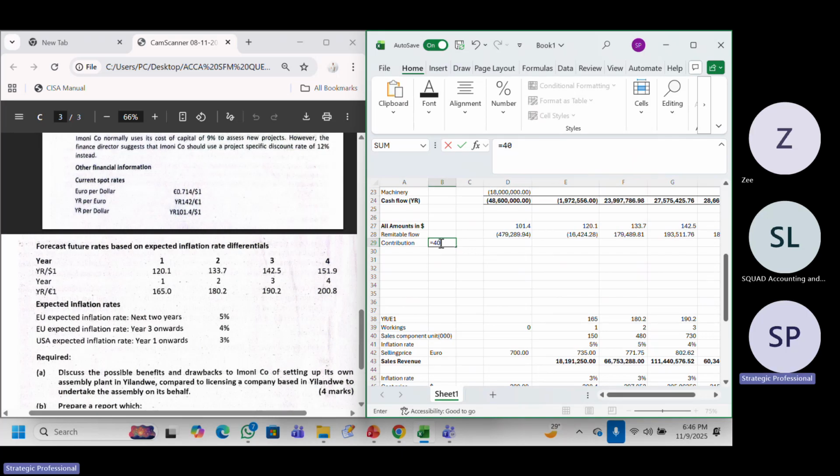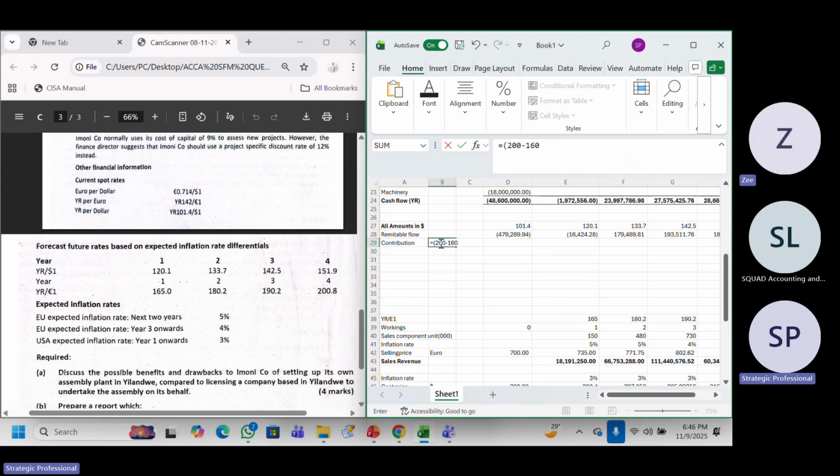Let me do it this way for you. Originally, the sales price was 200, and we understand that the cost was 160. That made them get a contribution of 40.